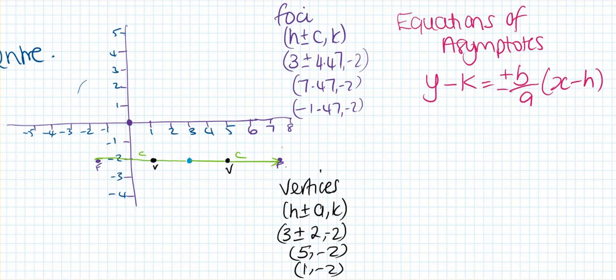So y minus k is y plus 2, plus or minus b is 4 and a is 2, and h is 3, so it's x minus 3.